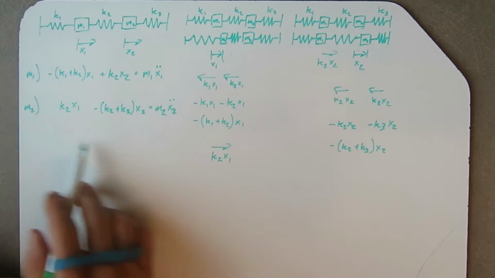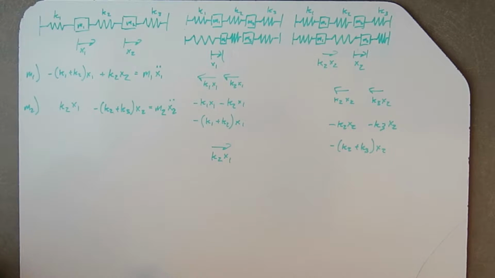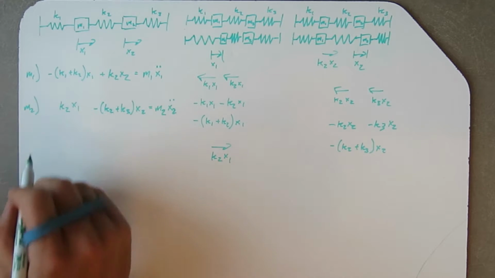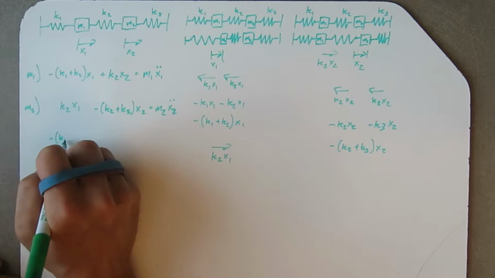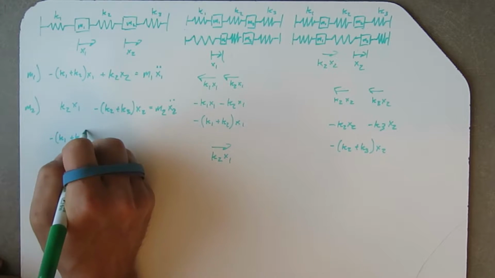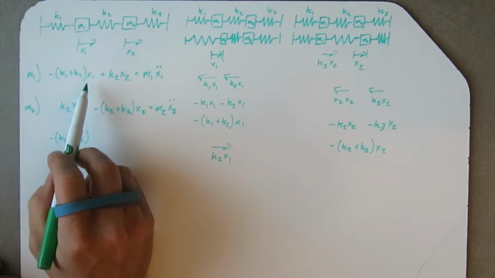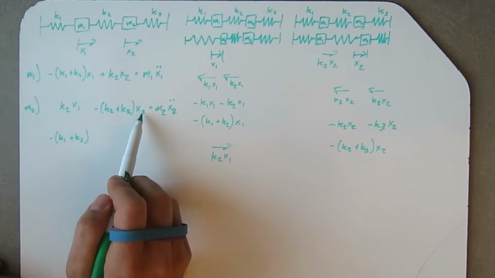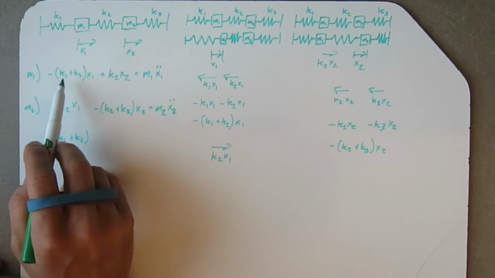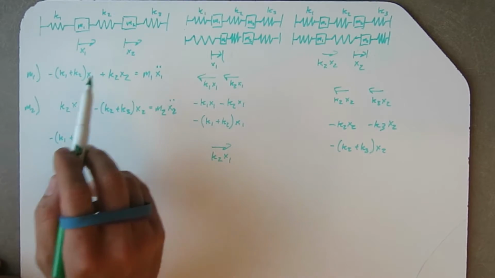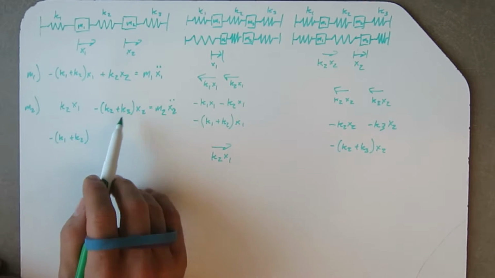All right, so those are our equations of motion. That wasn't too bad. But you might notice, you may not, that we can rewrite these in a slightly different form, which I personally like to use, and that is in matrix form. You can consider x1, x2 here like a vector operated on by the matrix K1 plus K2, minus K2, minus K2, K2 plus K3.